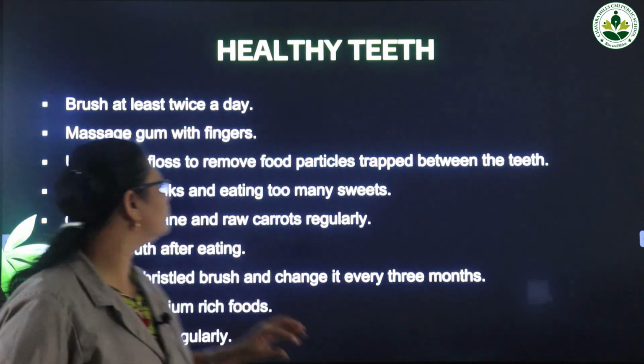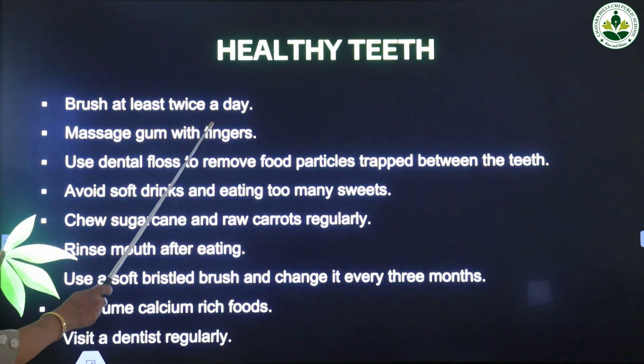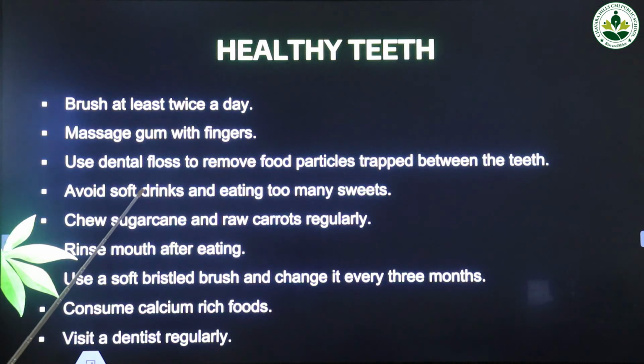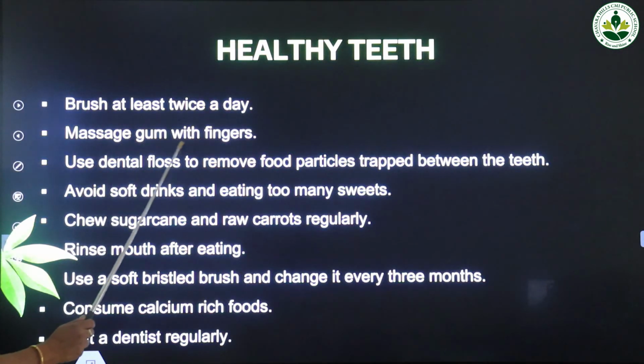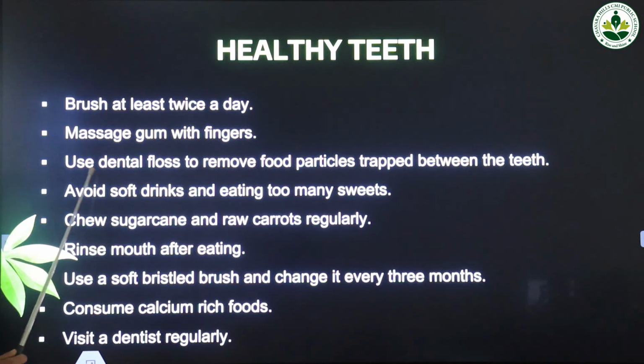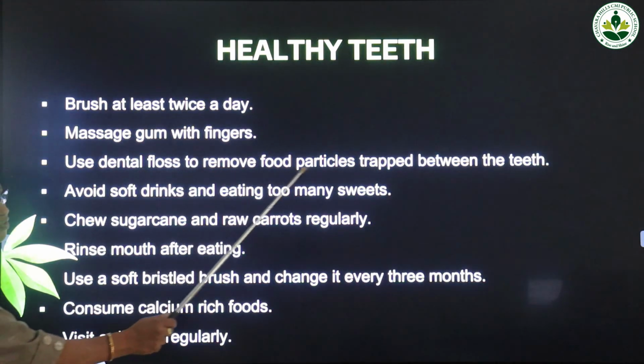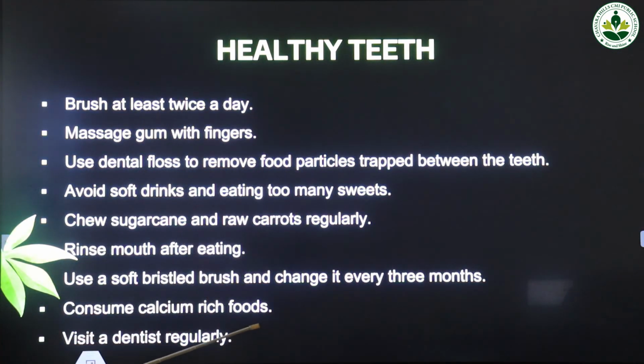Okay. So brush at least twice a day. First point, you have to brush the teeth 2 times, in the morning and at night. Then massage gums with fingers. Then use dental floss to remove food particles trapped between the teeth. Even after brushing, sometimes the food particles remain between the teeth.